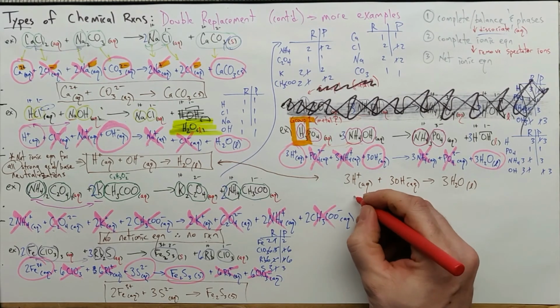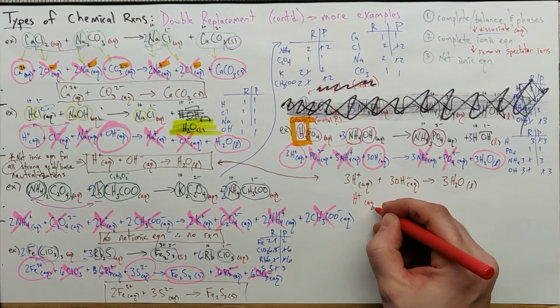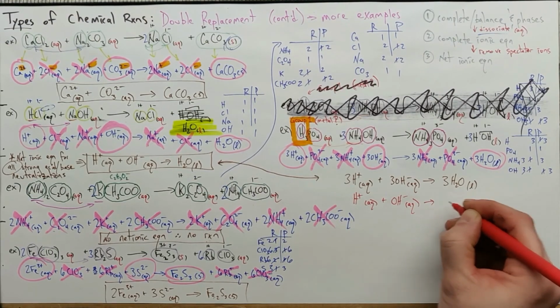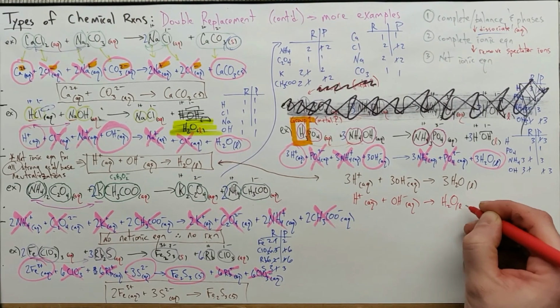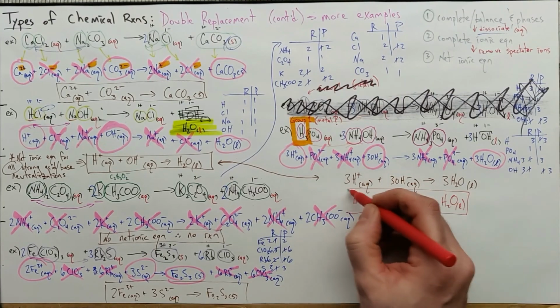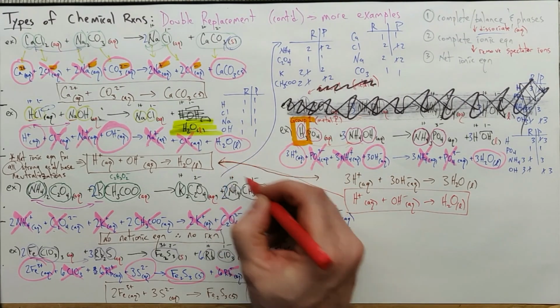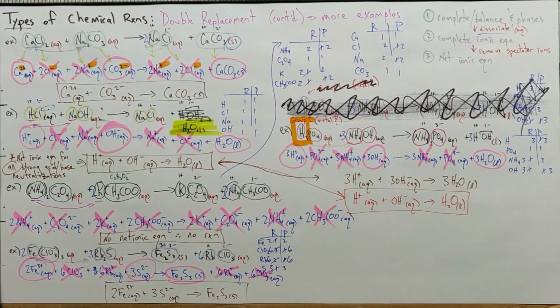So let's do that. I have H plus and OH minus, giving us water. Okay, this is an acid-base neutralization reaction, and it does have the same net ionic equation as the other one. And that is the end of double replacement reactions.